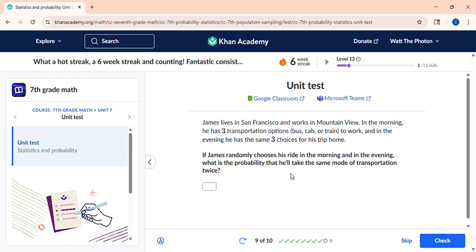So bus and bus is 1/3 times 1/3. Multiply this times 3, because there are 3 options: bus, bus; cab, cab; or train, train. So that's 3 times 1/3 times 1/3, and we can cancel out 1/3s, and we get 1/3.